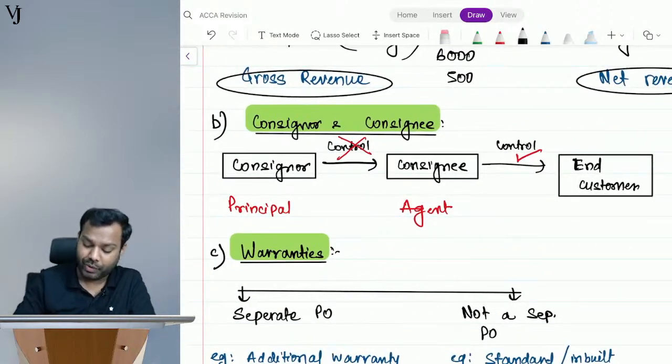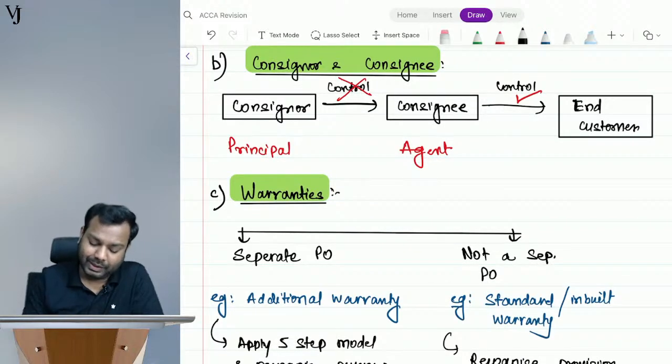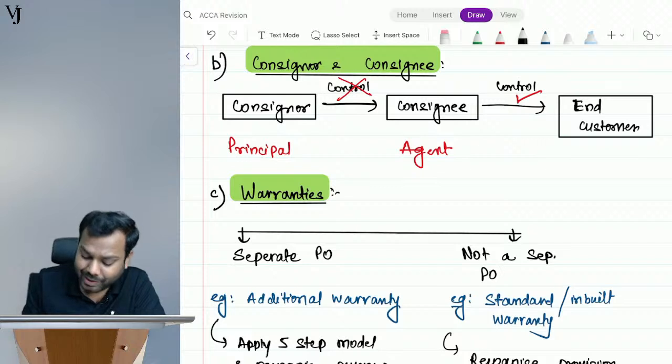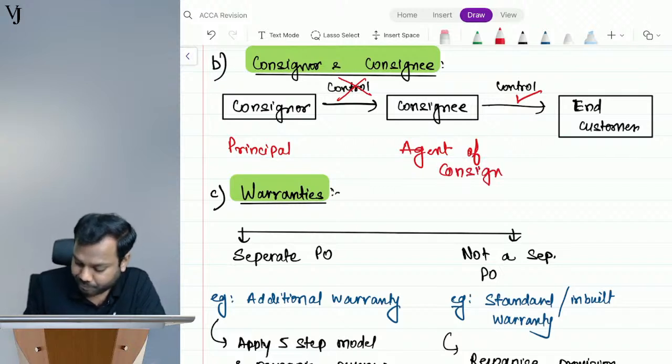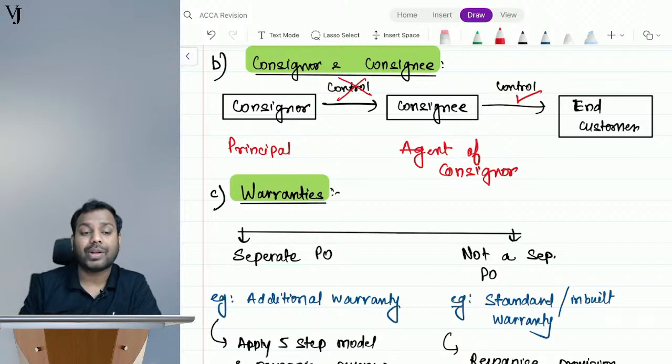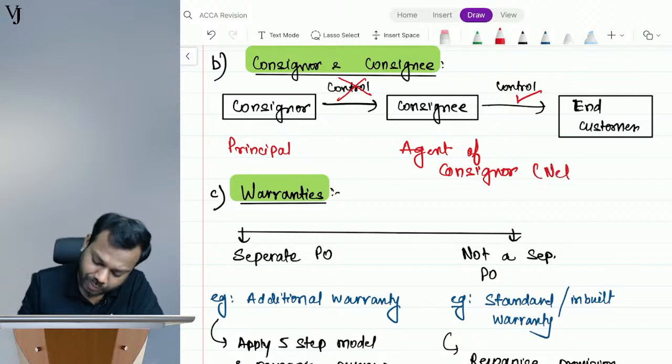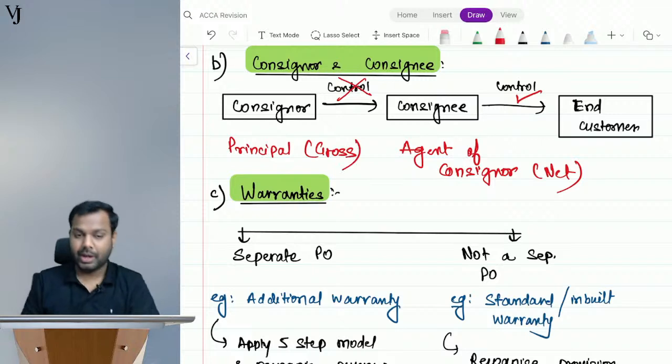The answer is, the consignor is the principal and the consignee is an agent of the consignor. So the consignee will recognize net revenue and the consignor will recognize gross revenue. Is it clear, everyone?